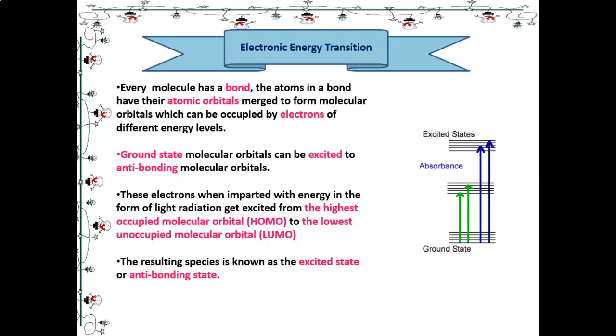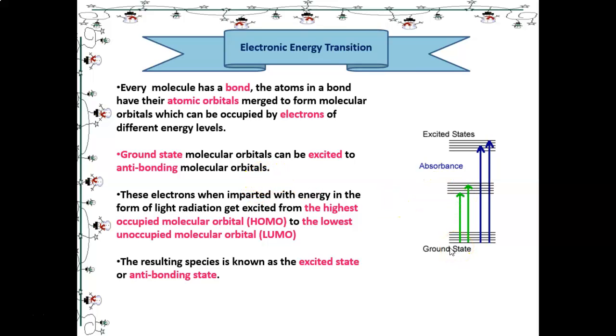Now we look at the electronic energy transition. Every molecule has bonds. The atoms in a bond have their atomic orbitals merged to form molecular orbitals, which can be occupied by electrons of different energy levels. Ground state molecular orbitals can be excited to anti-bonding molecular orbitals.